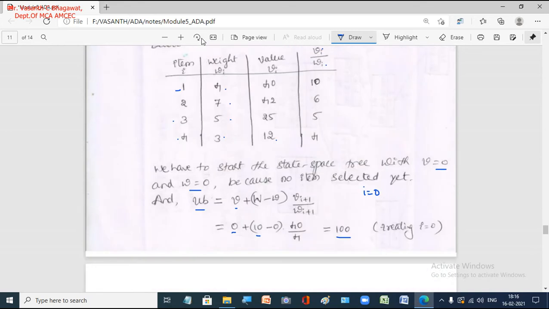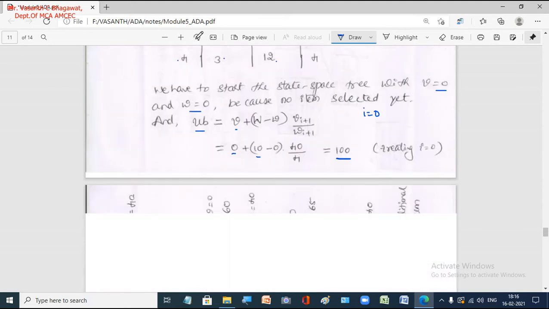So now we will start creating the state space search tree, and we'll try to solve this particular problem step by step. The first thing we are going to do is find the upper bound. Since you have not selected any item, you are going to find the upper bound.